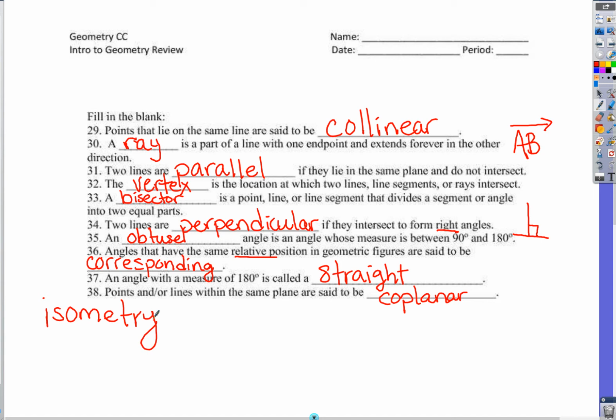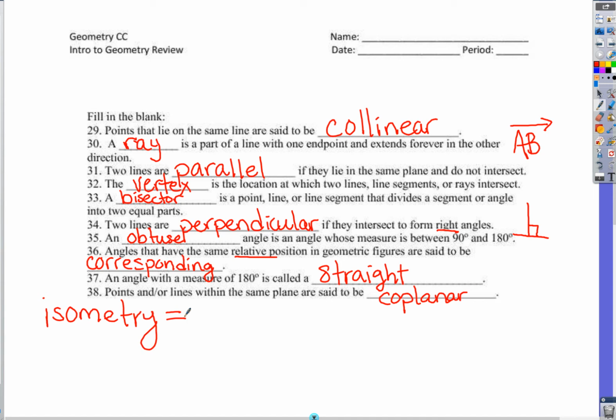What's an isometry? It's not that one's bigger and one's smaller, because it's not going to be bigger or smaller at all. Okay? Do we know what the root iso means? They're congruent, right? Okay?